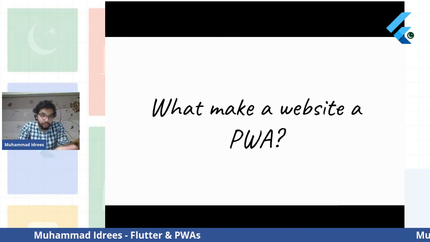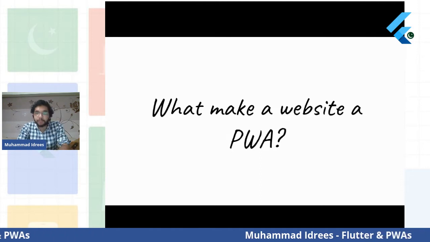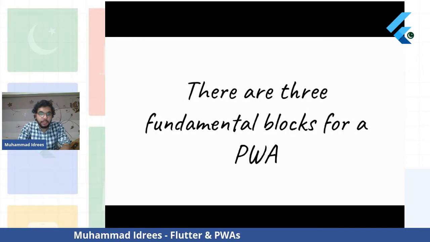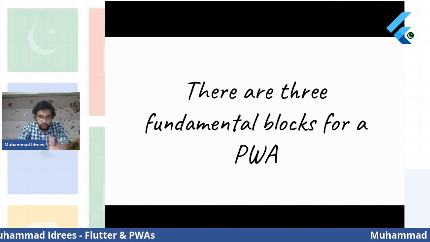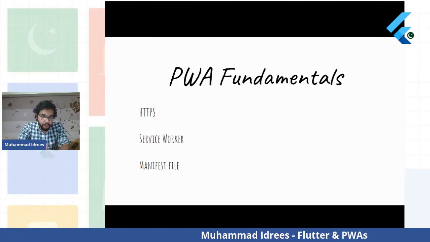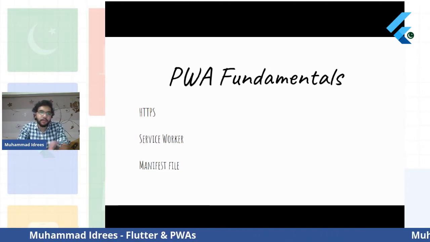Or I can rephrase it and say, what makes a website a PWA? Now, there are three fundamental blocks for a PWA. You should know that. And those are an HTTPS request, a service worker file, and a manifest file.